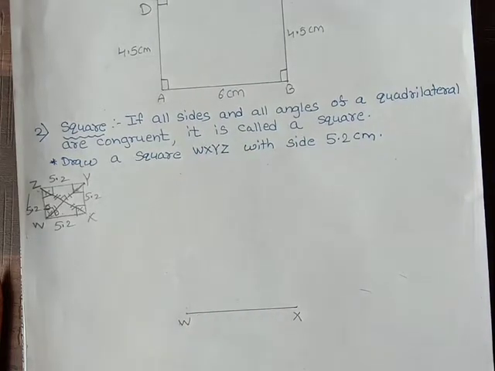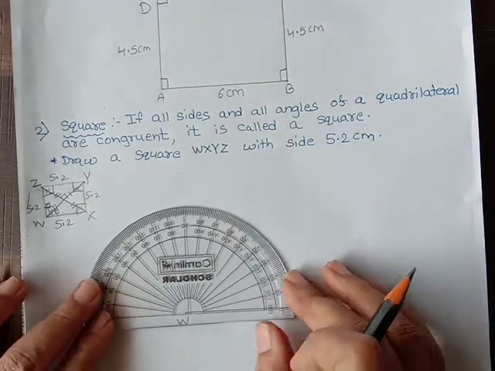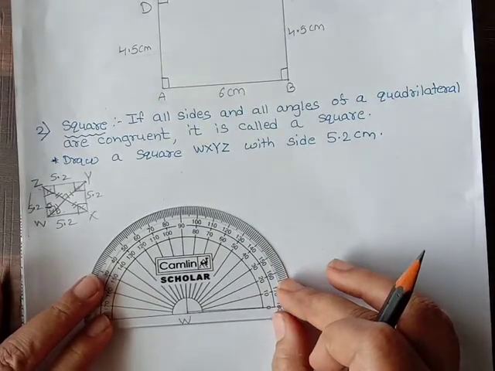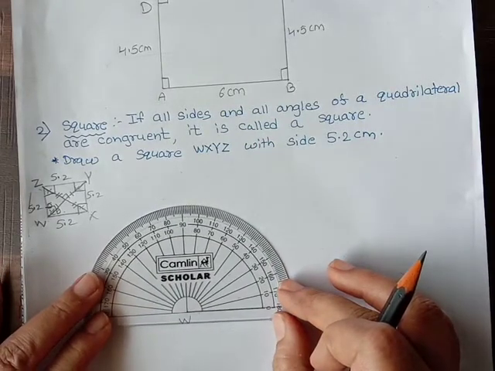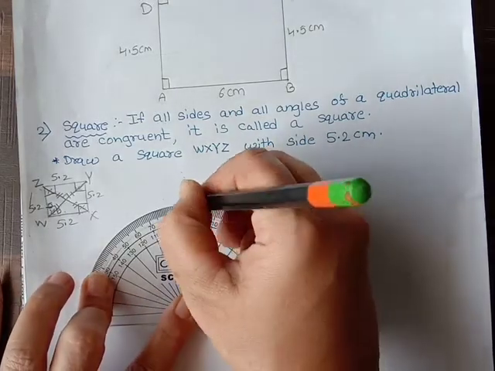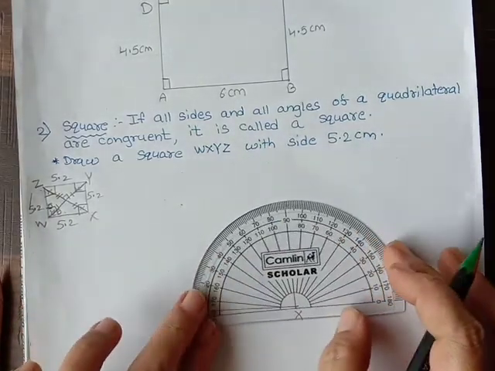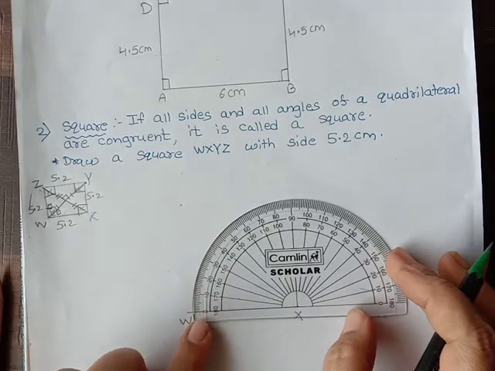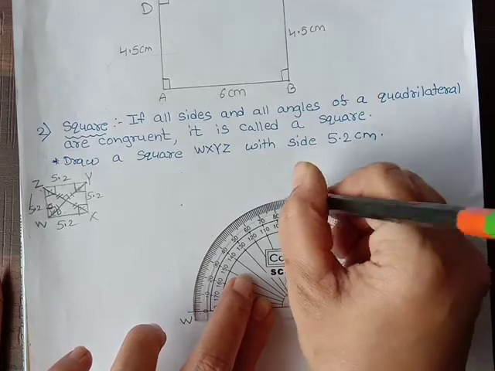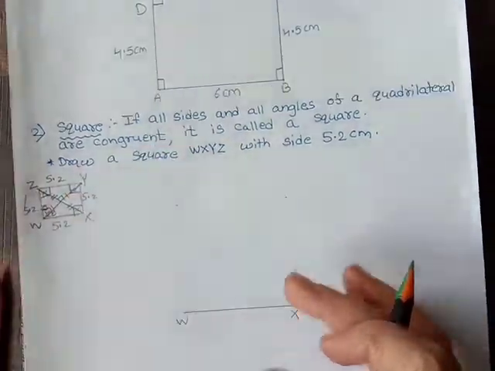Alright. Again, same as we have done for the rectangle, all the angles will be 90. So I am going to take the help of a protractor and draw a 90 degree angle. Okay, so this is 90. This also is exactly 90. Let me join this.